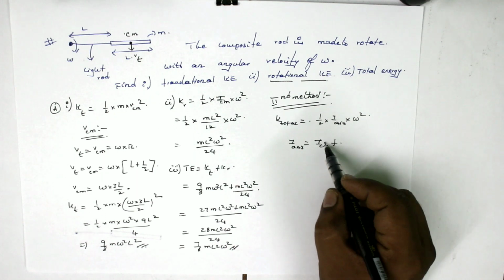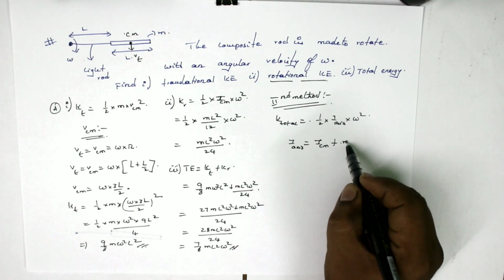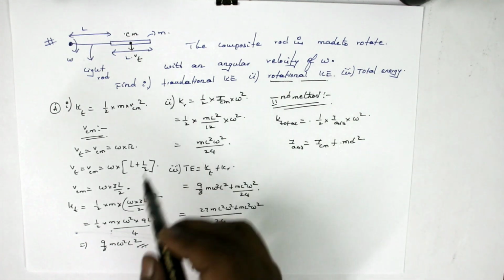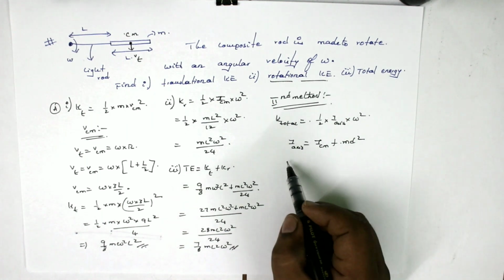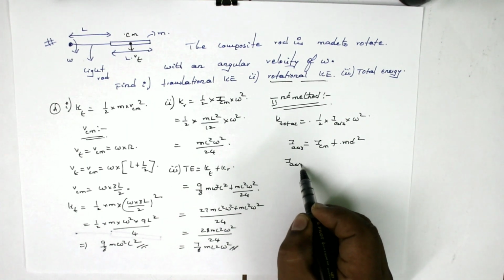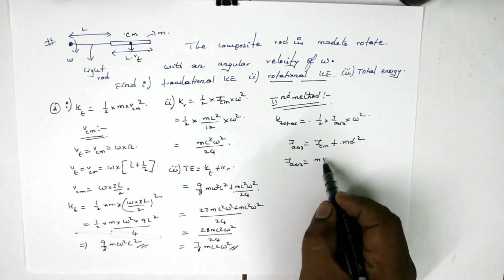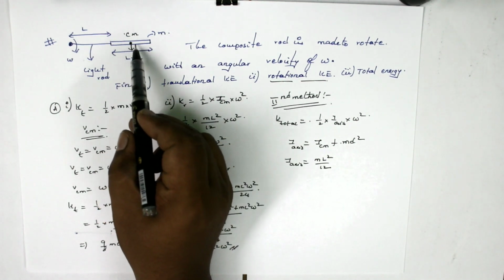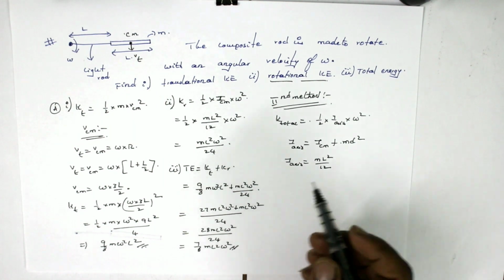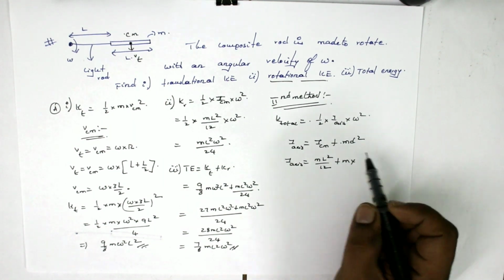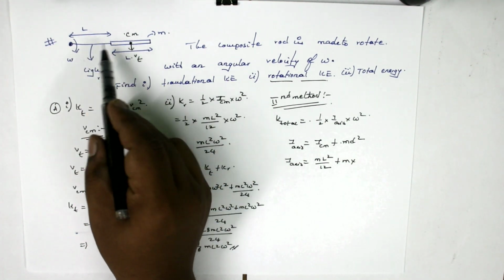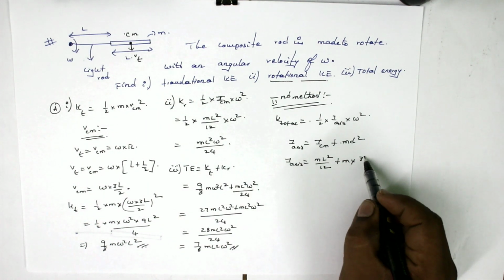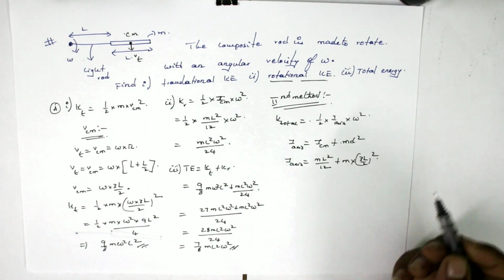So I axis is equal to I center of mass plus m d square, where d value is 3L by 2. Therefore I axis is equal to I center of mass, which is ml square divided by 12 for a rod when the axis is at the center of mass, plus m into the distance between these two axes, 3L by 2, whole square.